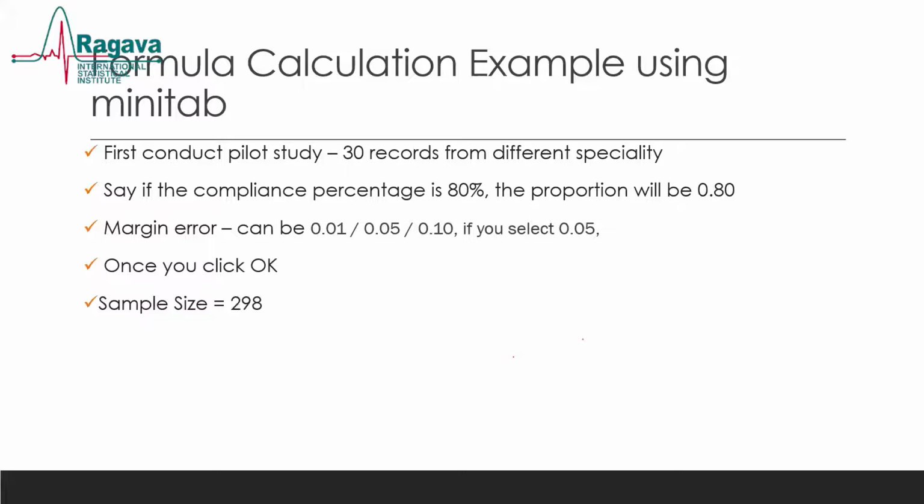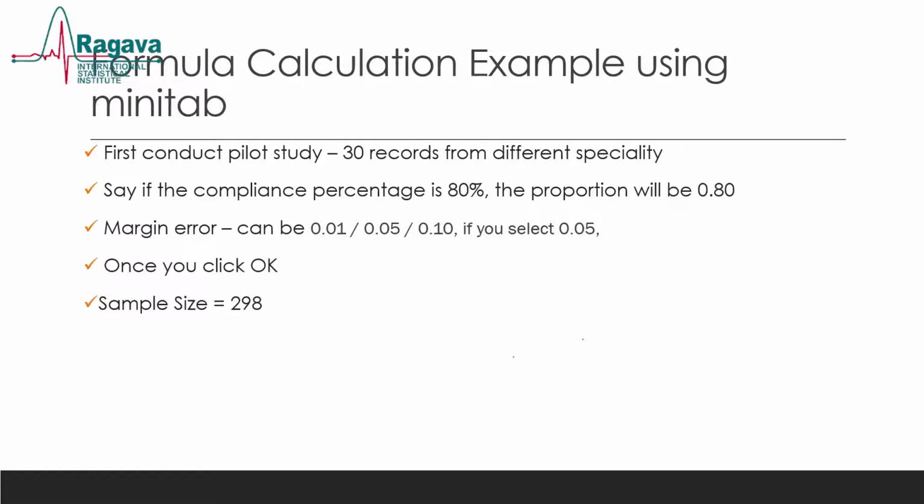And the margin of error is something that you can select, say 0.01, 0.05, or 0.10. In case you select 0.05 as your margin of error, once you enter the proportion with regards to the compliance percentage and the margin of error, and click on the OK button, the sample size that you would get will be 298.